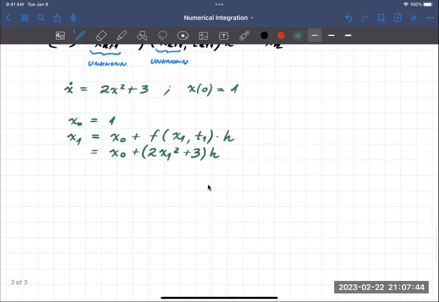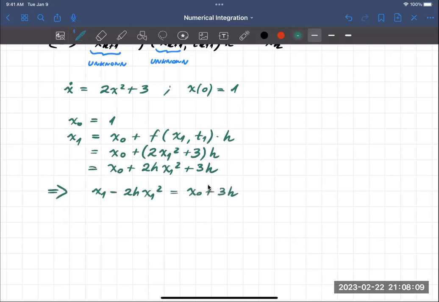So we're going to have x0 plus 2h x1 squared plus 3h. So we can now rearrange this equation, and we're going to have x1 minus 2h of x1 squared equals x0 plus 3h.